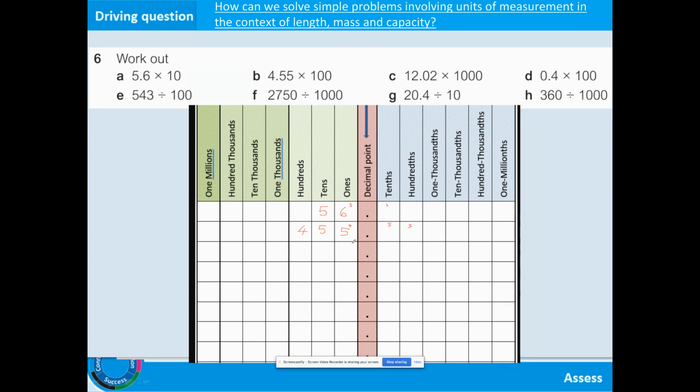12.02. Now I'm multiplying by 1,000. 3 zeros, so we're going to move 3 places. Here's my 1, 1, 2, 3.